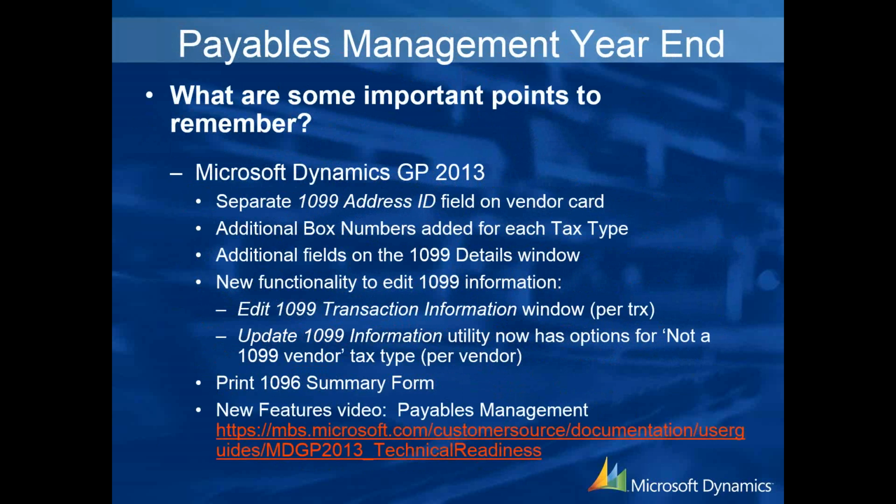Includes editing the 1099 information window per transaction and updating the 1099 information utility, and the capability to print the 1096 form. There's also a video that will show you the year-end close, and that's included here.